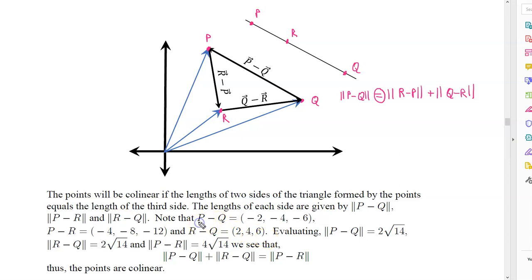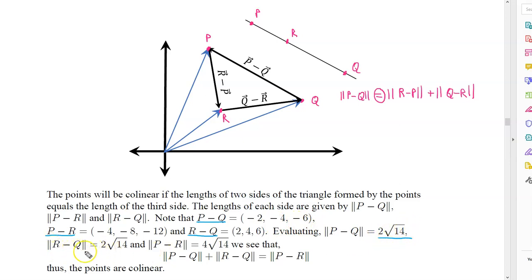So if we evaluate the length of these 3 vectors right here, what we get is the magnitude of P minus Q is 2 root 14. You can verify that. Just take the square root of -2 squared plus -4 squared plus -6 squared. You'll get 2 root 14.